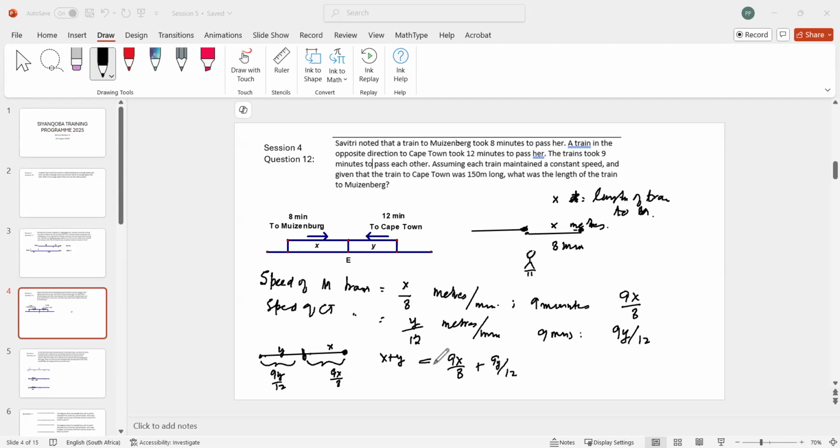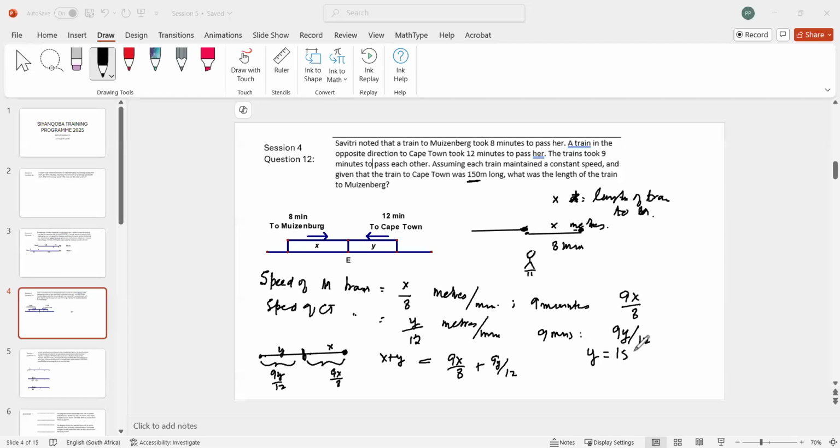So this is the distance that is covered in 9 minutes. And the distance we are speaking about is the distance of separation, and that is x plus y. So now you have one equation with two unknowns. But they do tell you that the train to Cape Town is 150, so y is actually equal to 150.